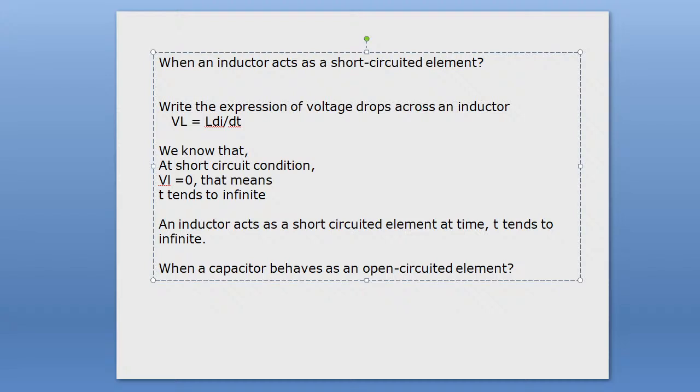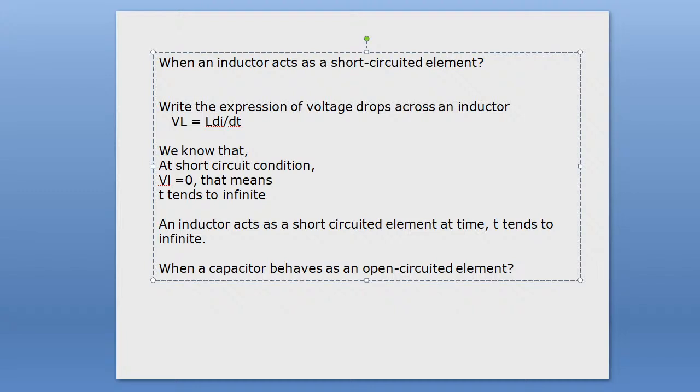When t tends to infinity, the di/dt value will be 0. L into 0 will be equal to 0. That's why at t tends to infinity, the inductor acts as a short circuit element. I hope everyone understands this point.